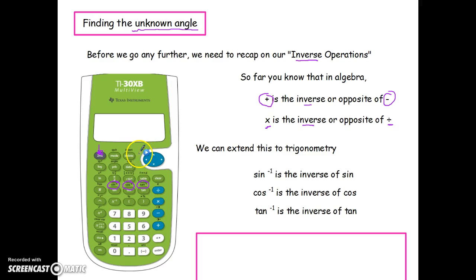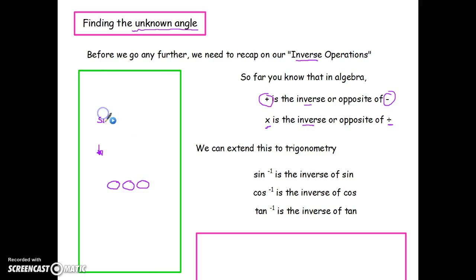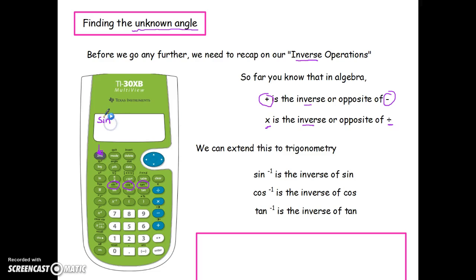My calculator's not a real one so it won't work, but if I do second and then sine up here, it will key in sine -1 and open a bracket, and the same for cos and for tan. So let's have a look now at how that actually helps us in undoing our trig equations to find an angle.